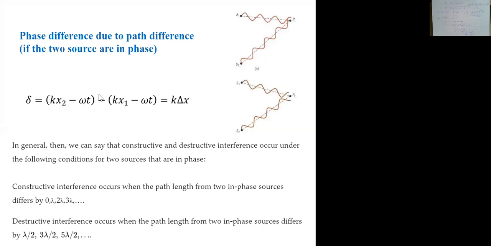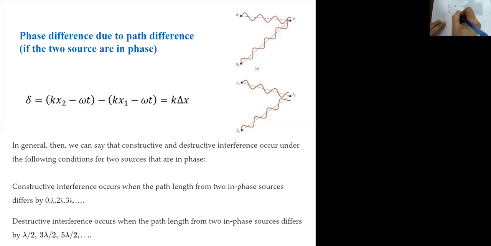If you send both sources exactly the same sine function, then the difference in their phases comes from taking the difference of this one and that one. So you are starting from the source, the waves come out of the two sources, and you can write one as y1 equals an amplitude A sine of kx1 minus omega t.